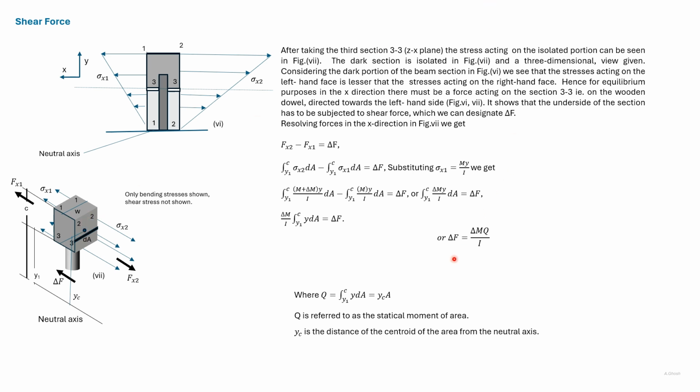So we can write del F is equal to del M Q divided by I, where Q represents statical moment. The statical moment can also be given as y c, which is the distance of the centroid from the neutral axis, into this area, as shown here.